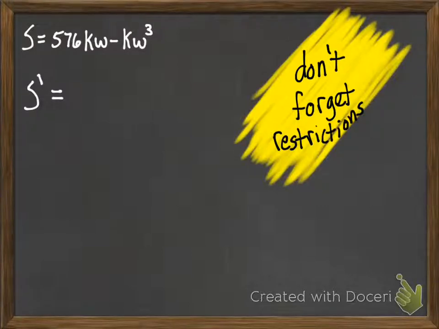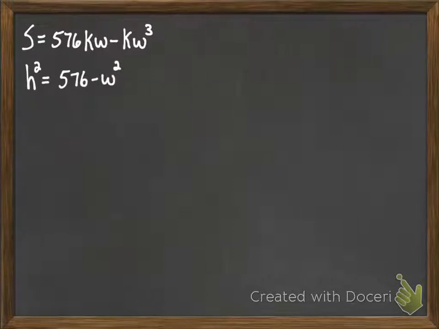Before you jump in and start taking the derivative, you have to remember that we need to find out what kind of restrictions do we have. Our equation is h squared equals 576 minus w squared. That's our auxiliary equation. We can get our restrictions from that. We know in order for us to have a board that both h and w have to be greater than 0.